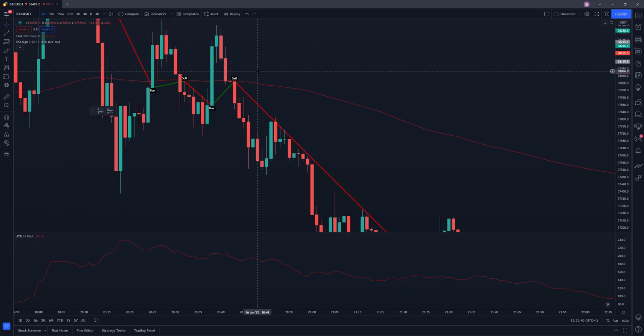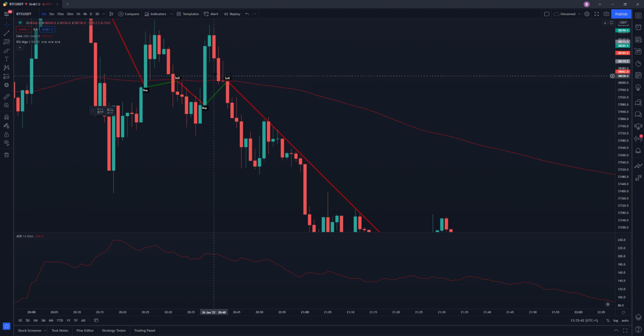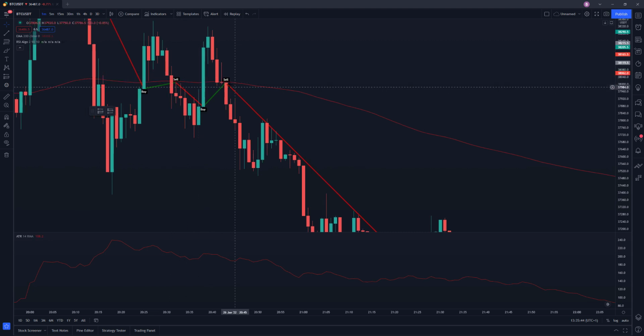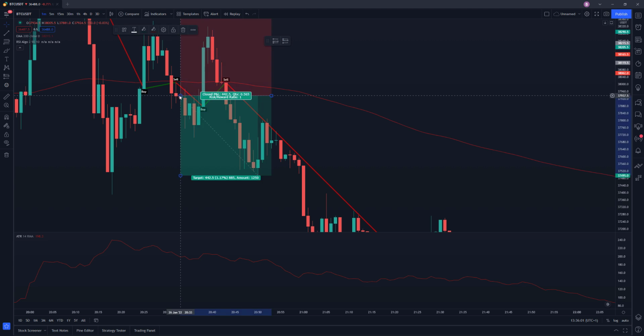As you can see here, we are underneath the 200 EMA. So I see 2 entry signals, one here and one here. So let's take the first one. Where did, oh, here it is. I always lose them. So if you go to this candle close, it's gonna be here.